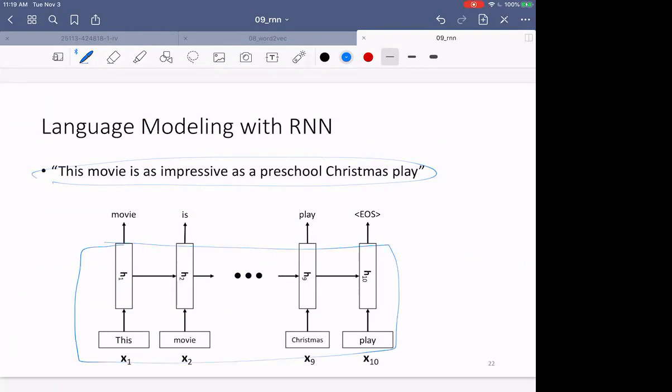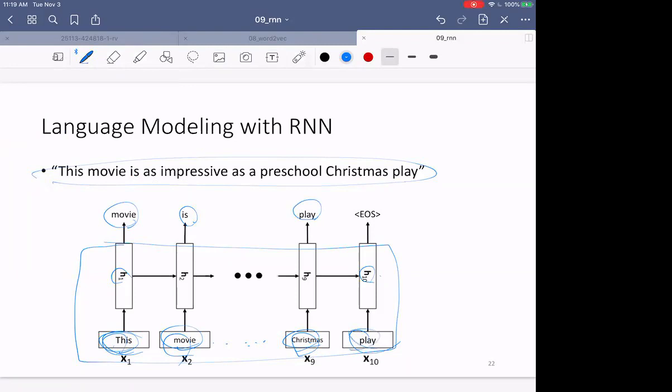The sentiment classification. You just put one word at each time step, and then you have H1 to H10. And what you want is for this model to predict the next word at each time step. Given this, you want to predict movie, which is the next word. And given movie, you want to predict is. And given all the words until Christmas, you want to predict play, which is the last word.